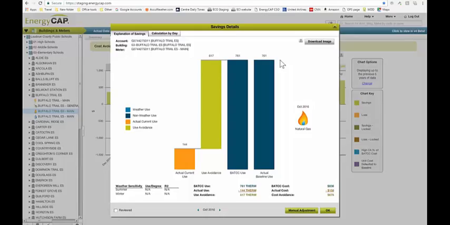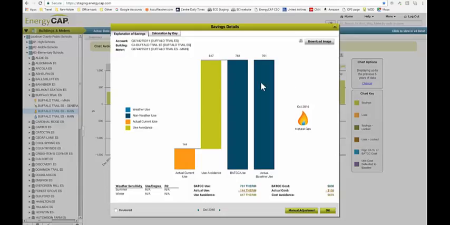But in IPMVP option C, we never compare actual against the raw baseline. We compare it against the adjusted baseline. And that's what the second bar is, the adjusted baseline, what we call the BATSI, the baseline that has been adjusted to current conditions.